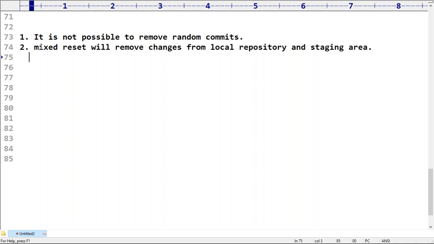It won't touch which area? Please confirm. It won't touch the working directory.